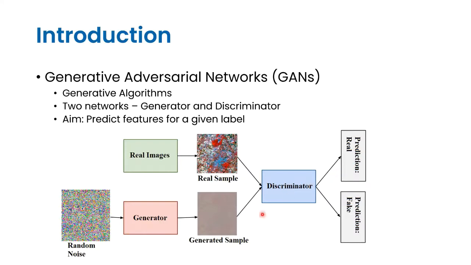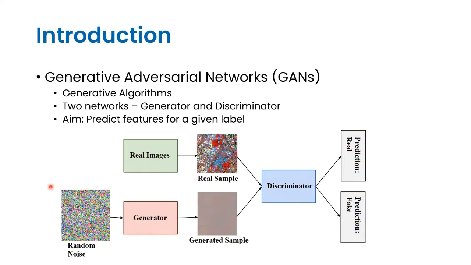So a generative adversarial network is a combination of two deep neural networks, the generator and the discriminator. The generator takes random noise as an input and generates a fake sample. The discriminator has to discriminate between the fake sample and the real sample. These samples are from the dataset.